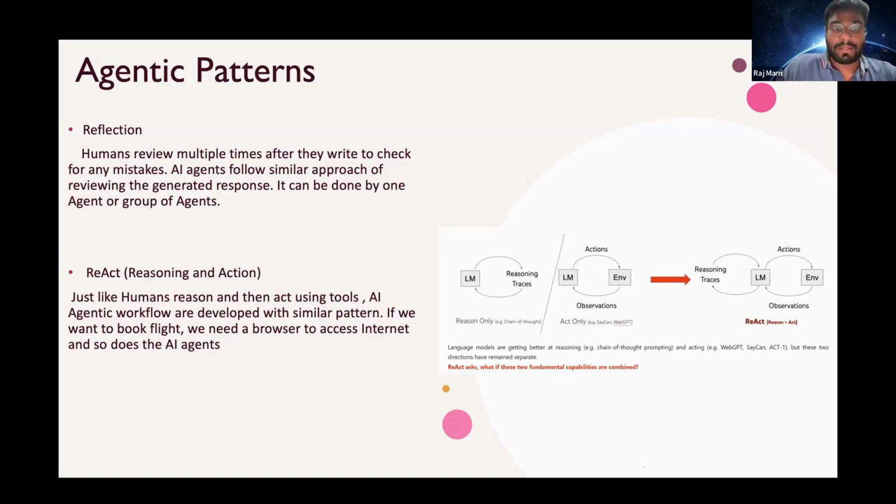If you want to book a flight, we need a browser to access the internet, and the browser could be a tool that it has to go ahead and use for research. So it has to realize that it needs a tool and then goes and acts using that tool. That is what the ReAct pattern is. I think we can pretty much relate to these patterns because that is how we as humans work, and these are pretty familiar to most of us.